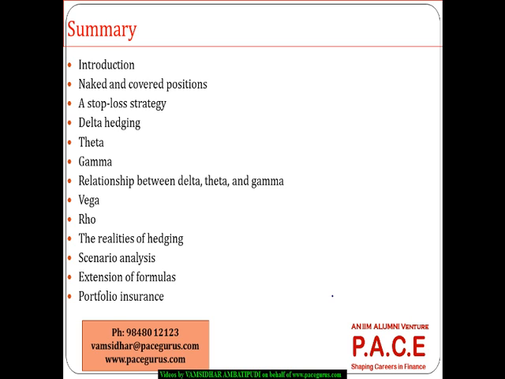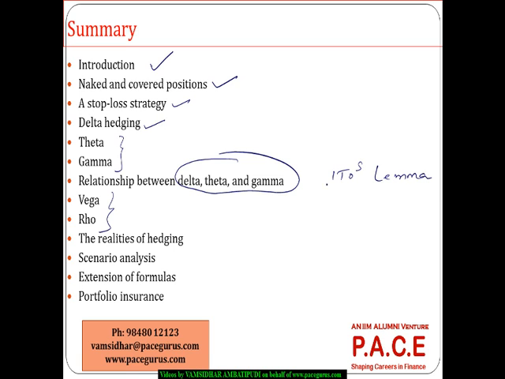We have basically talked about the different kinds of Greeks, differentiated between a naked position and a covered position, understood what a stop loss strategy is and what its limitations are, then looked at the process of delta hedging, then understood a few more Greeks like theta, gamma, vega, rho, and found the relationship between delta, theta, gamma using Ito's lemma. And then once we had understood all the Greeks, we got into the realities of hedging and performed a scenario analysis.